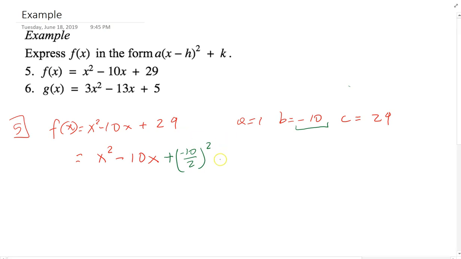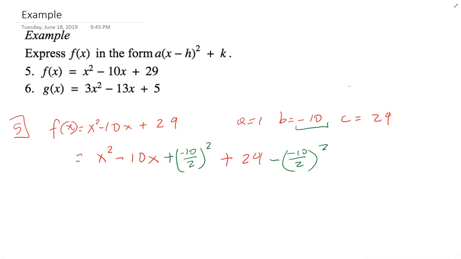And then write the c afterwards, so it would be 29. And then from that c we will subtract negative 10 over 2 squared. So we're adding and subtracting the same number.